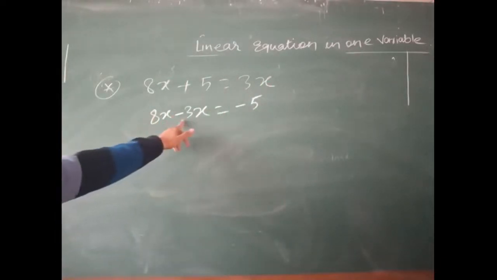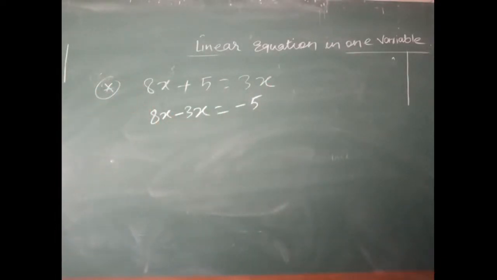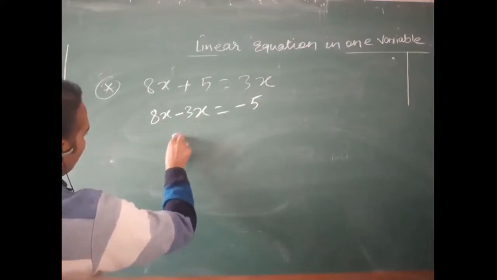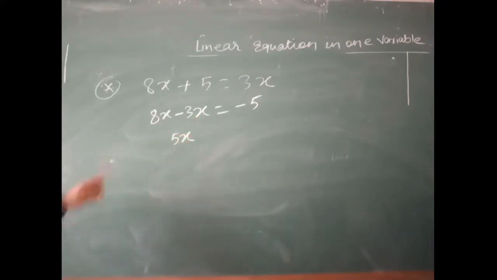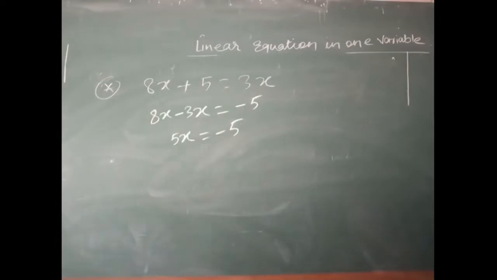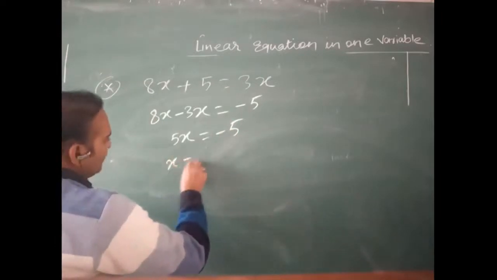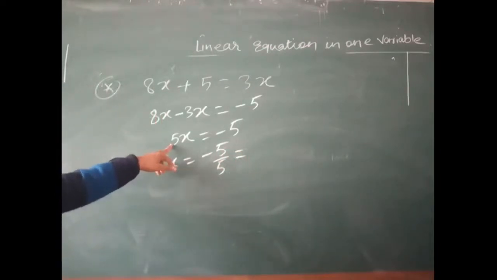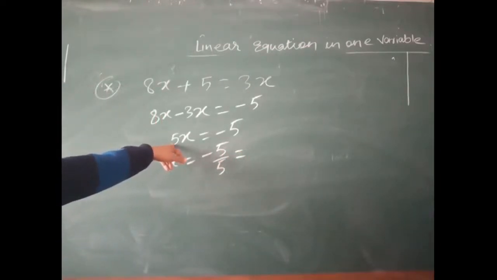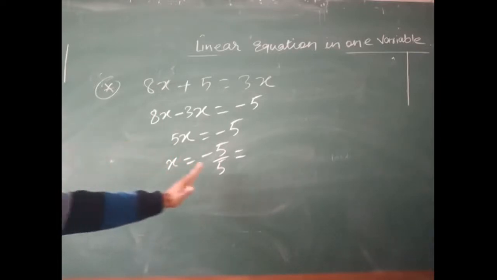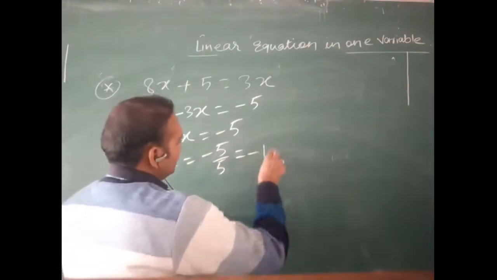Here the signs are different, then different signs are subtracted. 8x minus 3x is 5x, and the sign of the bigger one, bigger is plus, so it is plus, equals minus 5. And again x is equal to minus 5 by 5. 5 is in multiplication. When it changes side, it will come in division. This one, minus 1.